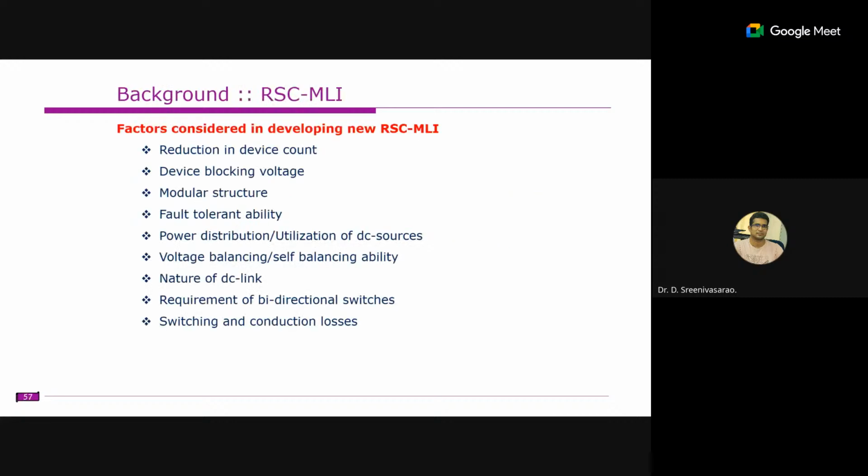Therefore, researchers deal with that. A lot of research is happening right now, so every day we find some new converter topologies that address some issues. One issue is that it may reduce the device count, or reduce the blocking voltage, or increase the modularity, or be more fault tolerant, and the power distribution among the DC sources.